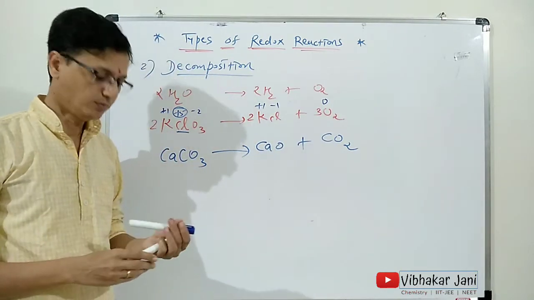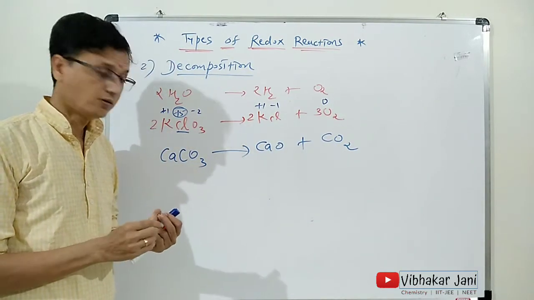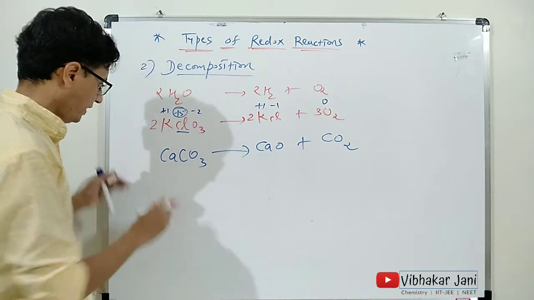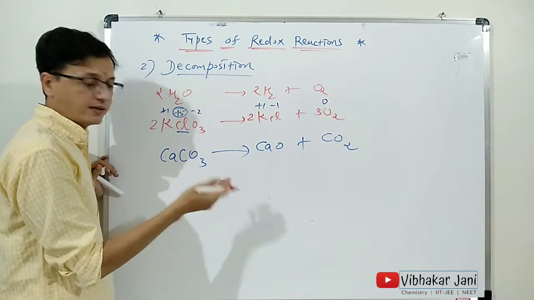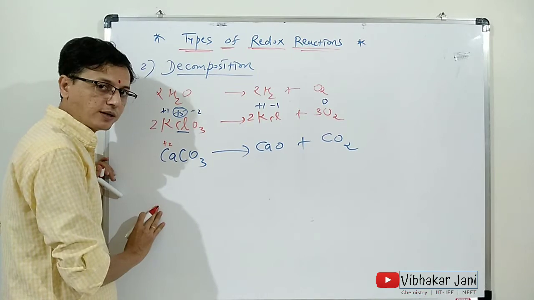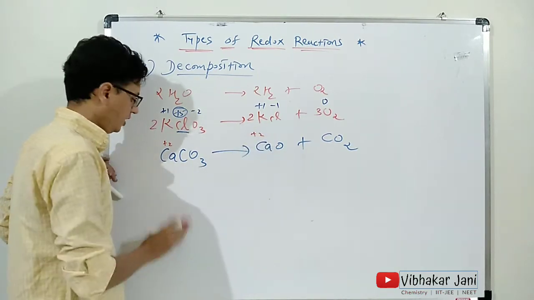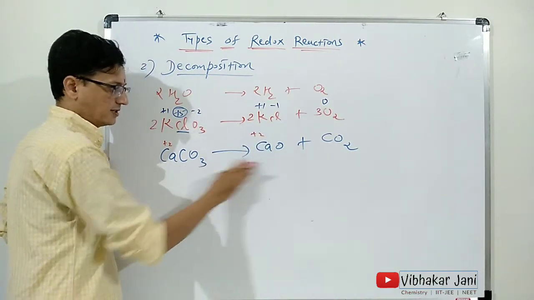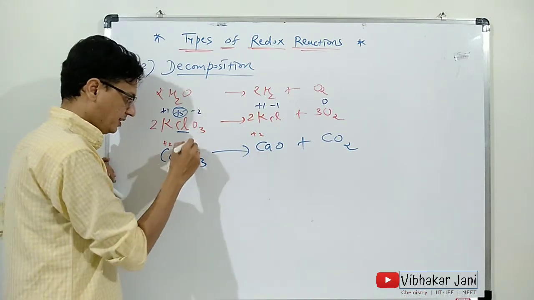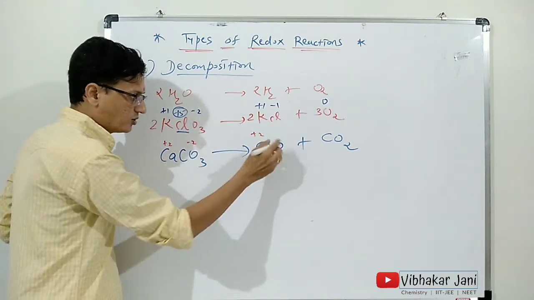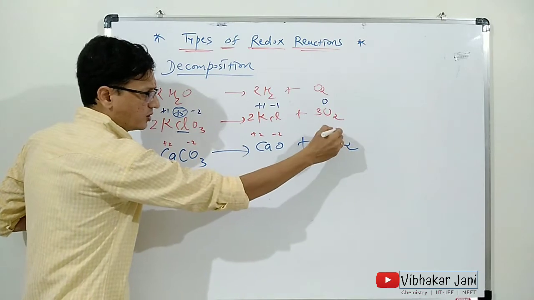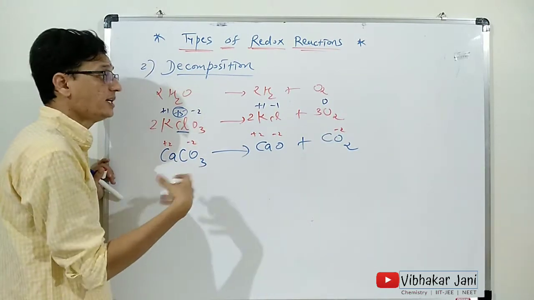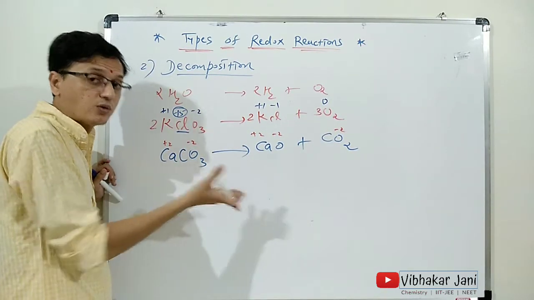Now let us count the oxidation states. Calcium, an alkaline earth metal, is always +2 in all its compounds. So here also it is +2, and there is no change in the oxidation state of calcium. Oxygen is always -2. Here also oxygen is -2, and here also it is -2. So there is no change in the oxidation state of oxygen either.